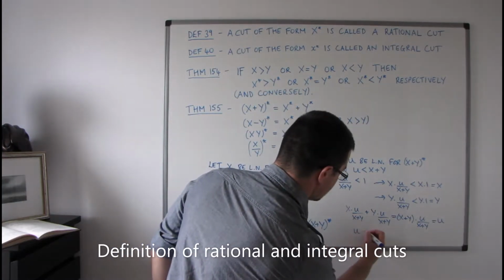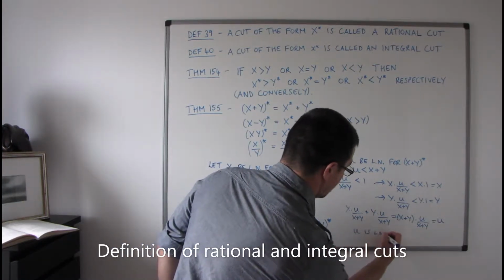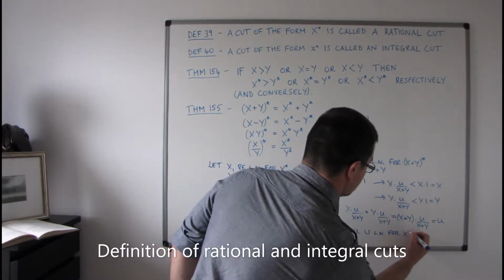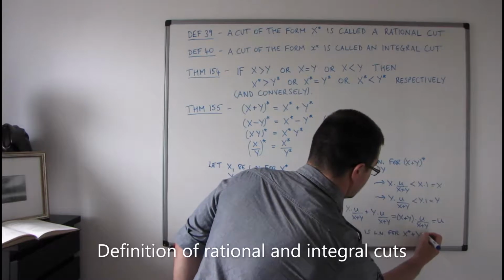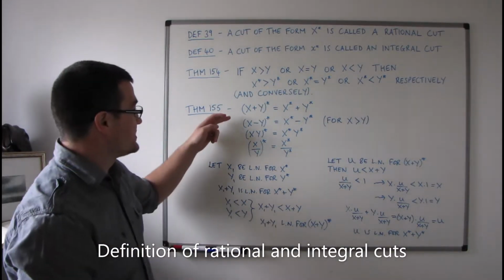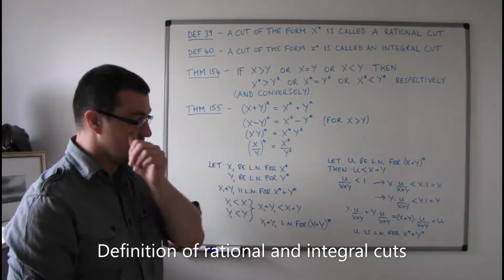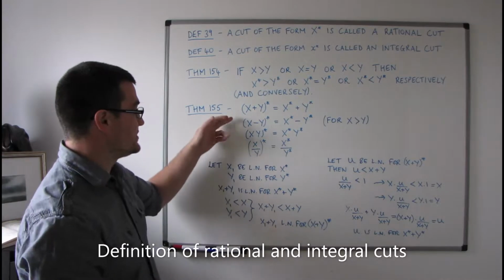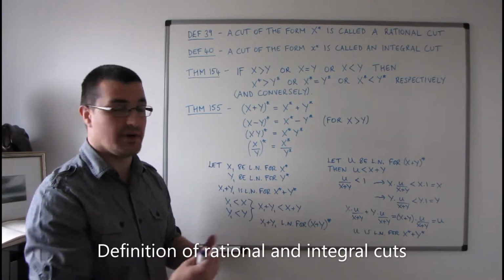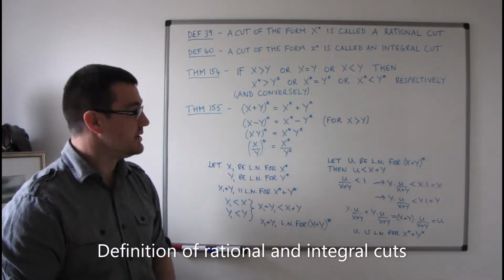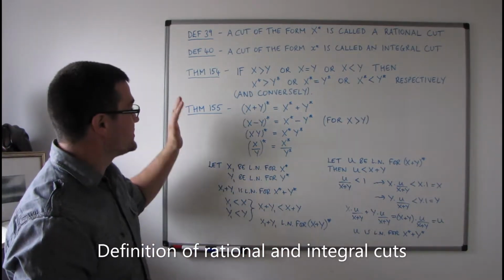So u is a lower number for x star plus y star, which is exactly what we needed to show. The other propositions are not identical, but they run along similar lines. You need to show in both directions that a lower number for this is also a lower number for this, and vice versa. So that finishes up this theorem.